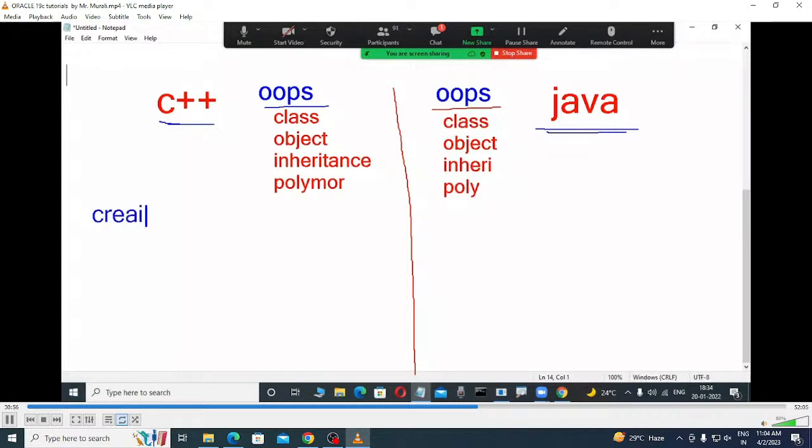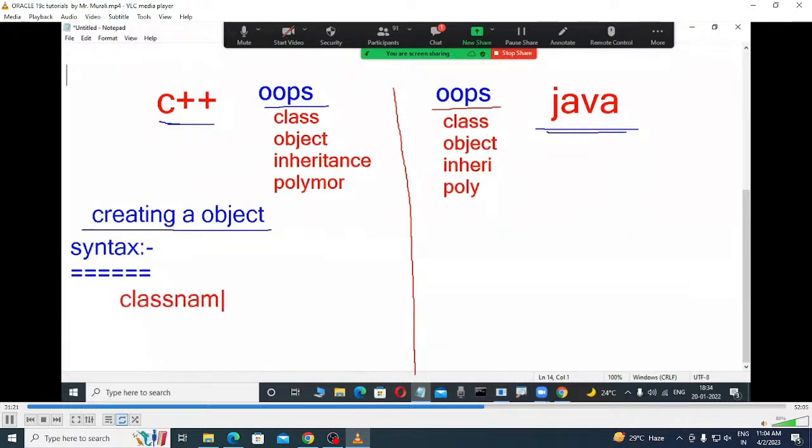Anybody technical having an idea? In C++ the syntax is class name, space, object name. This is the syntax to create an object from the class in C++.